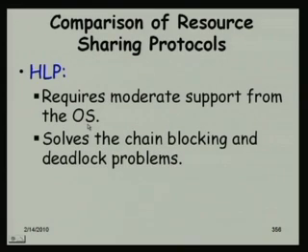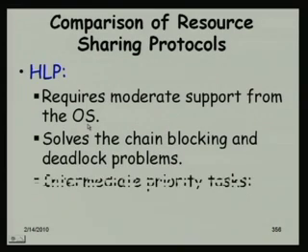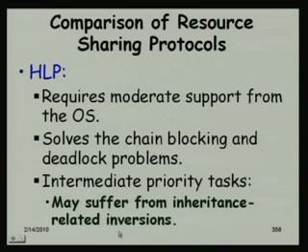It solves the chain blocking and deadlock problems, but the intermediate priority tasks can suffer from inheritance related inversions, and since the task is raised to a high value, the tasks suffer from inheritance related inversions frequently, and this can lead to deadline misses because there are frequent inversions.